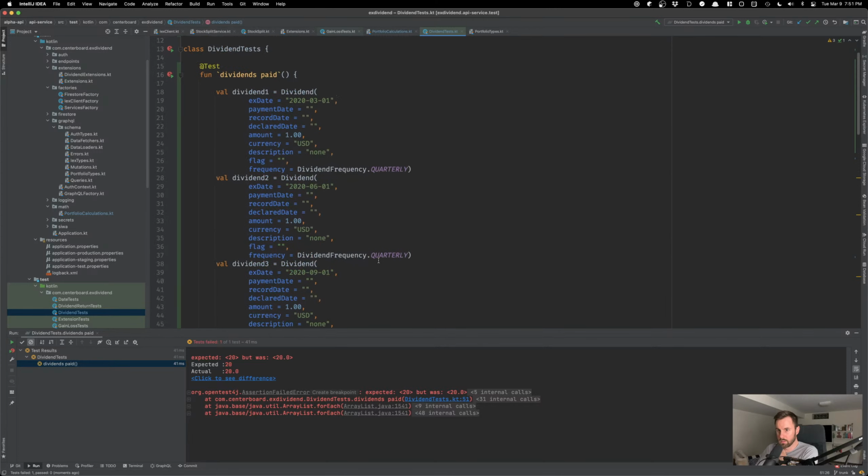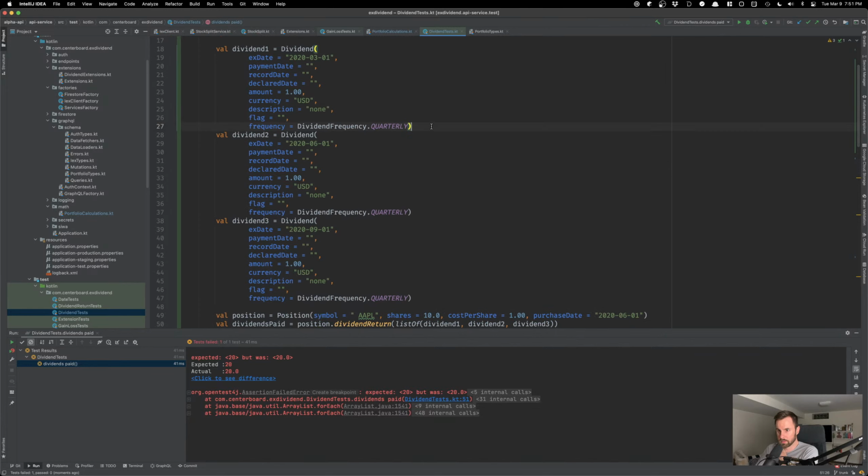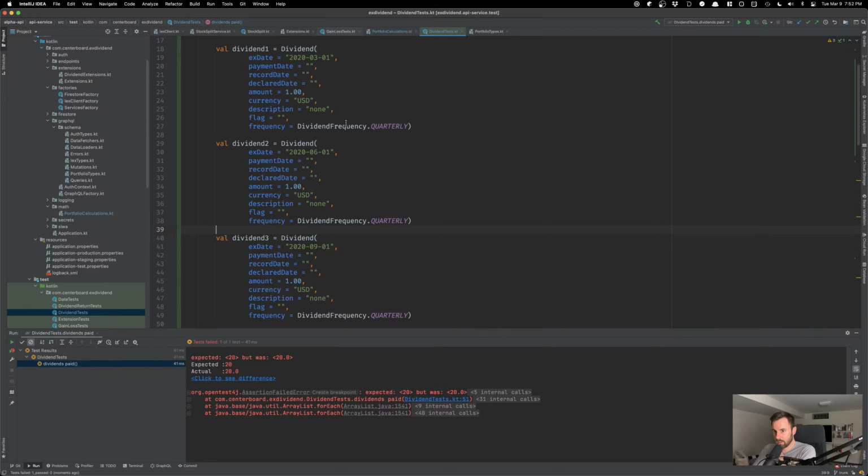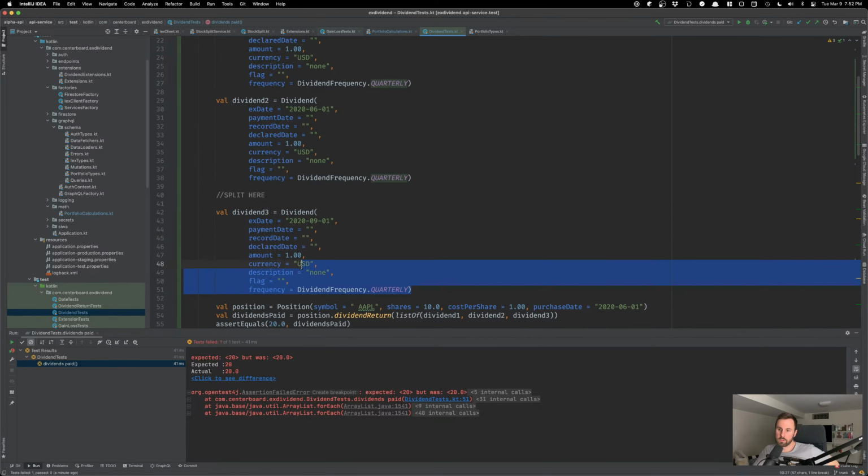So that's the easy one. The harder one is when there are splits involved. So, for example, let's say we bought the stock here. It split somewhere here. We have a different number of shares here. So we need to take the splits into account at the point in time in which it was split.